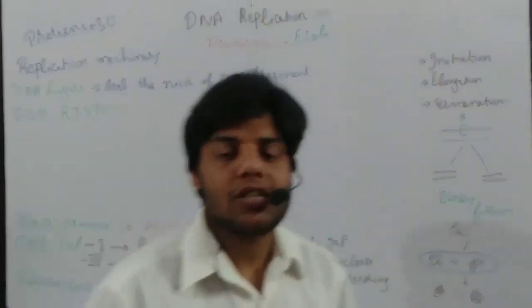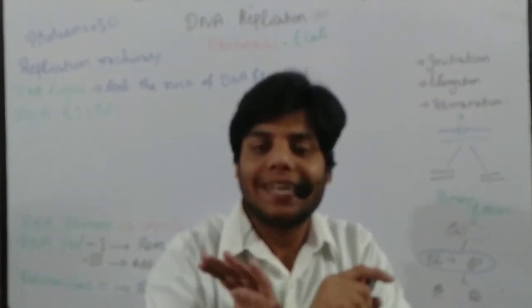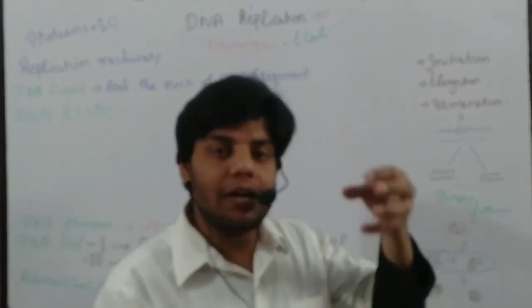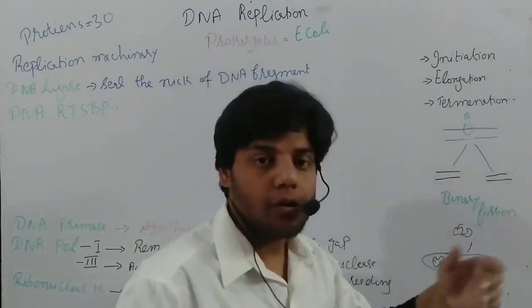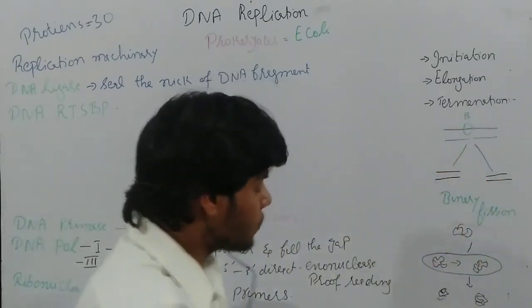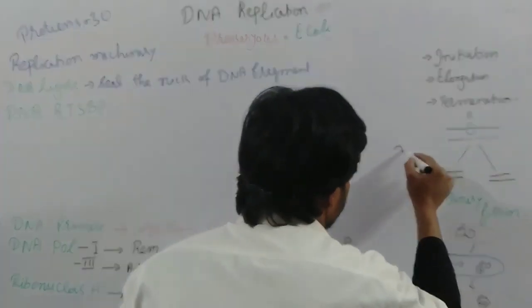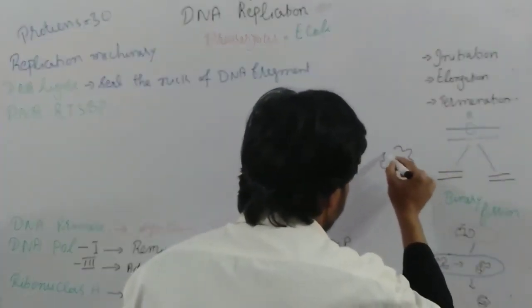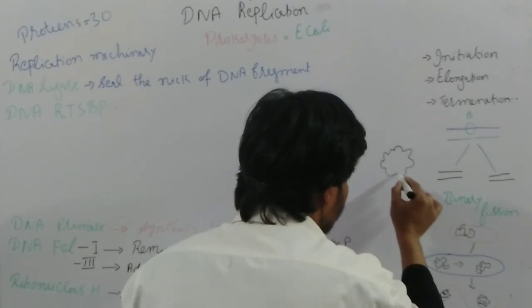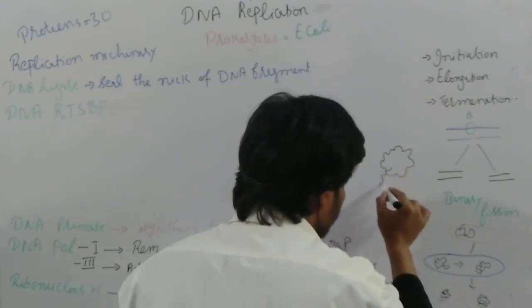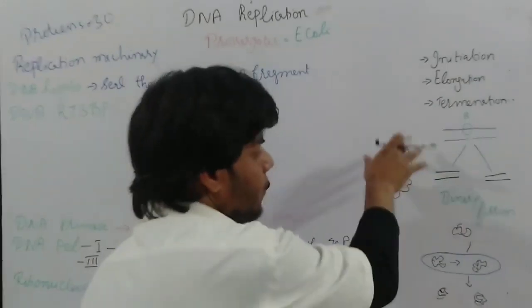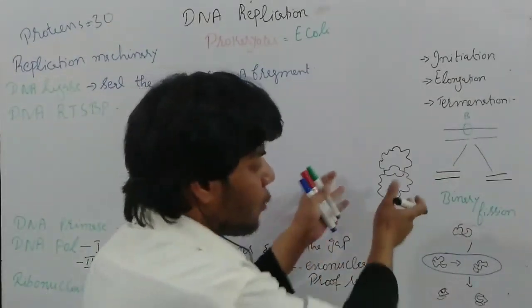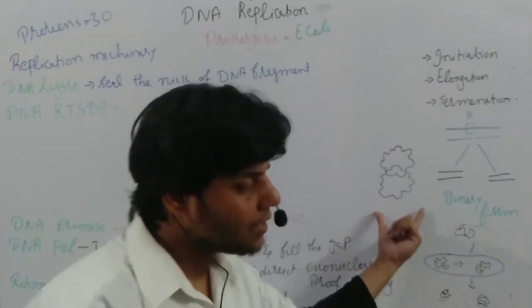In the termination stage, the replication process is completed, and then the two stranded molecules are divided. Let's suppose this is the bacterial chromosome, which is double stranded, and it produces another bacterial chromosome. Now the replication is completed.